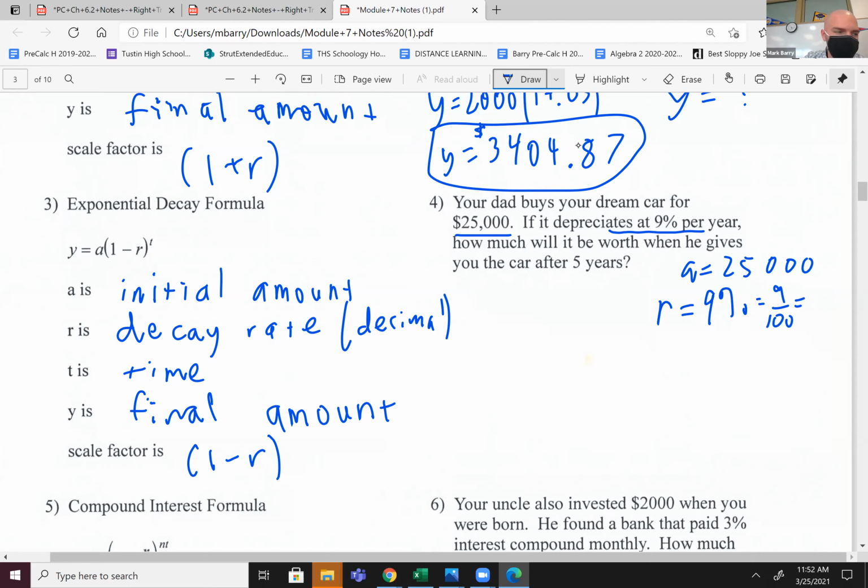There's one big exception to that. Does anybody know anything that increases in value while you use it? No. Increases in value while you use it. I'd say there's only one thing in the world.